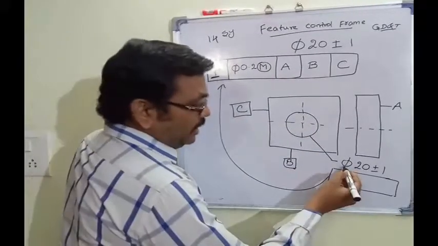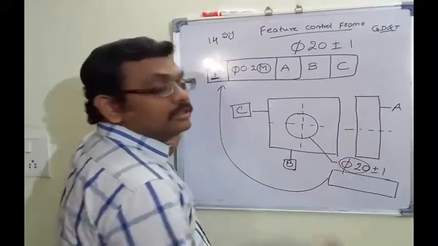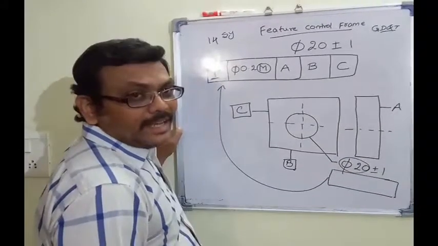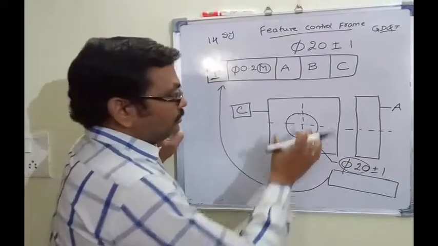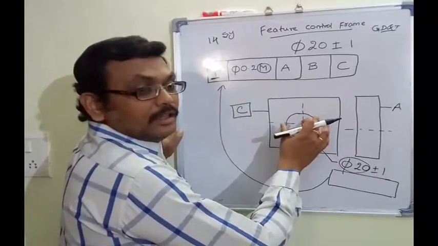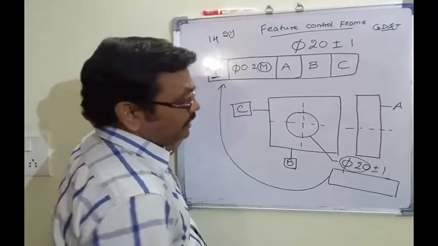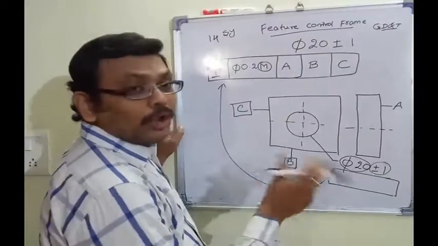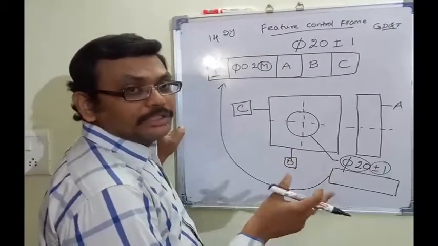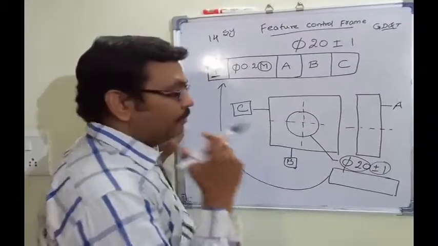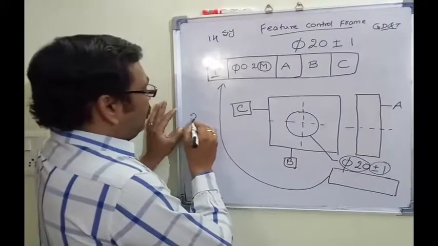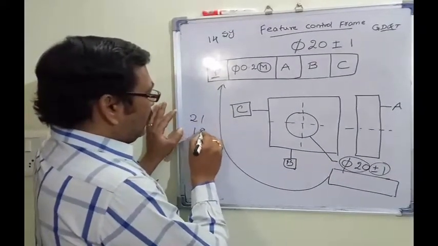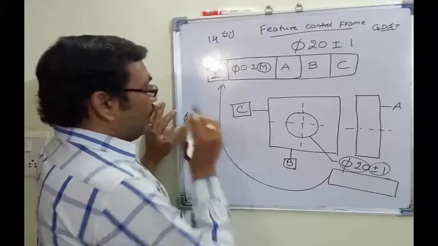So this indicates the feature size of the feature, means exact diameter of the hole. This indicates size tolerance. As I said, every dimension should have a tolerance. So this can vary up to 21 or dia 19.